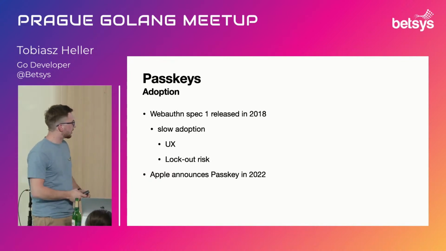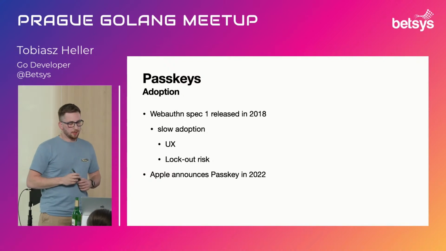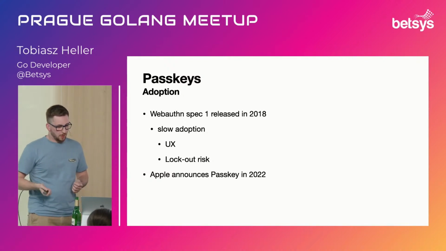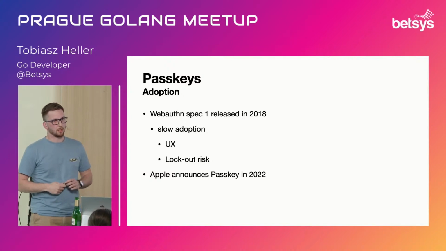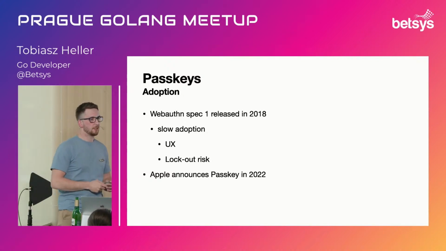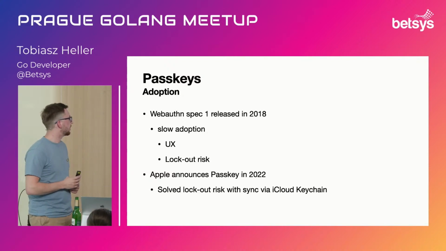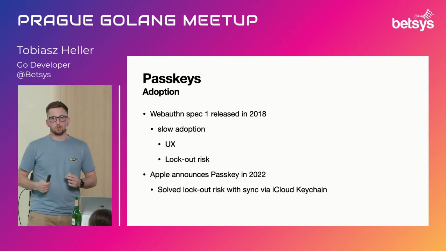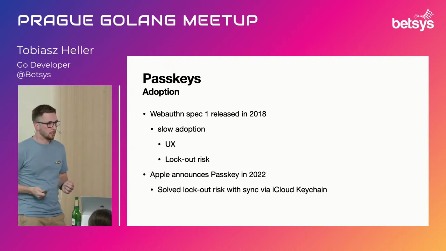And it changed a little bit in 2022. There was an Apple conference where they announced passkeys, because previously the term passkey did not exist. So they put a fancy name on it. And they also solved the lockout risk. Now, when you create a passkey, it will be stored in your iCloud keychain.